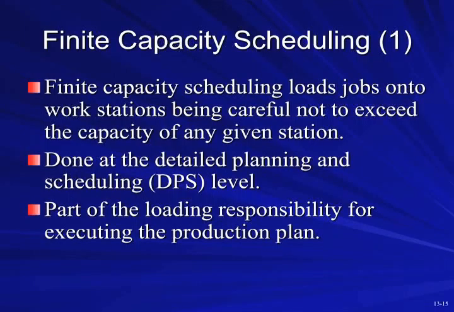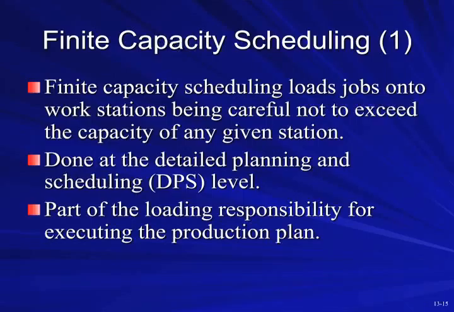The key thing you want to do is determine how to solve it, and you use some of the tools such as Gantt charting and others to help get a visual analysis of where your problems are. Finite capacity scheduling loads jobs into workstations to try to optimize the utilization of both machines and people.